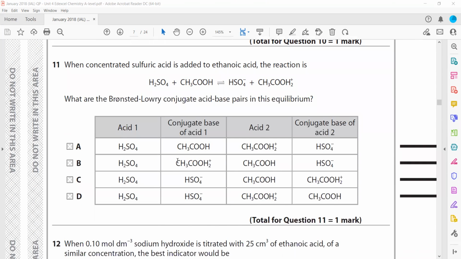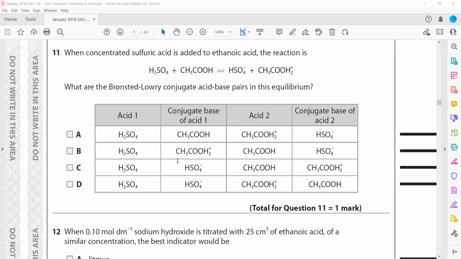In question 11, when concentrated sulfuric acid is added to ethanoic acid, the following reaction occurs. So when we mix two acids together, the one which loses a proton, like H2SO4, is acting like an acid. So in the forward reaction, this is acid 1, and this is acting like a base, base 2.